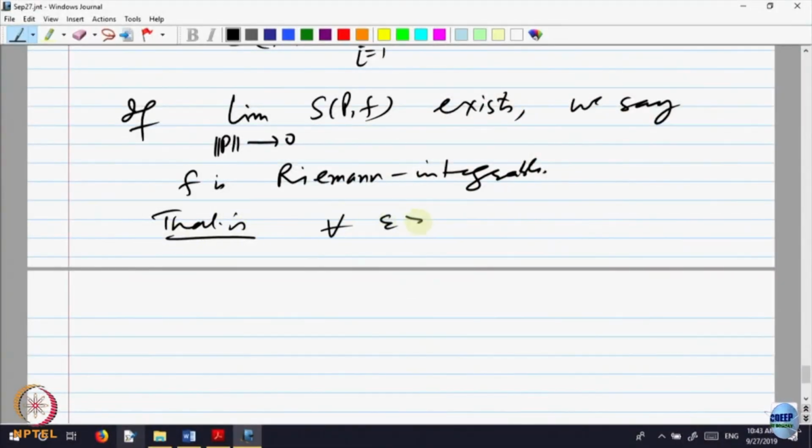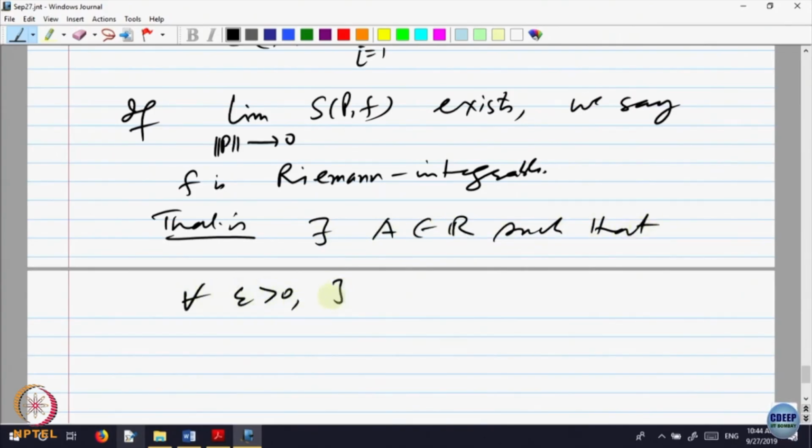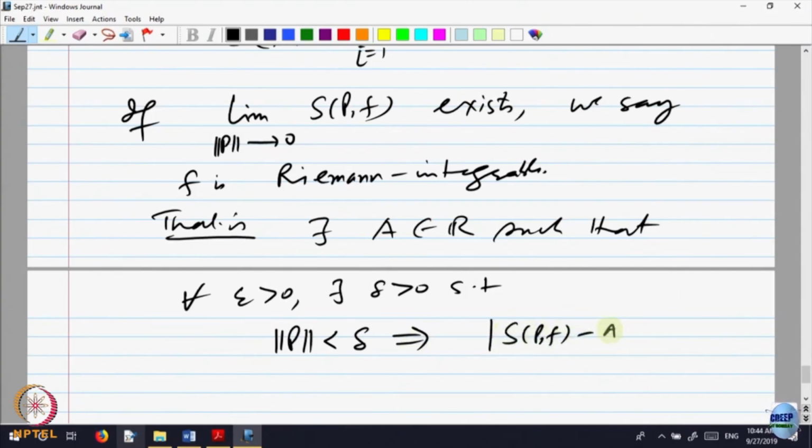One should say that there exists some number A belonging to R such that for every epsilon bigger than 0 there is a delta such that whenever the norm of the partition is less than delta, that implies the absolute value of S(P, f) minus A is less than epsilon.